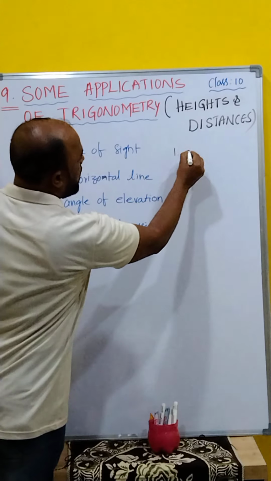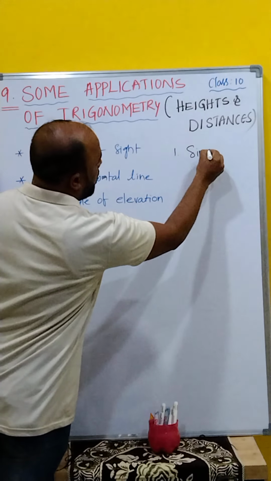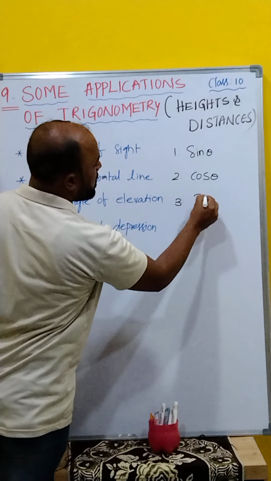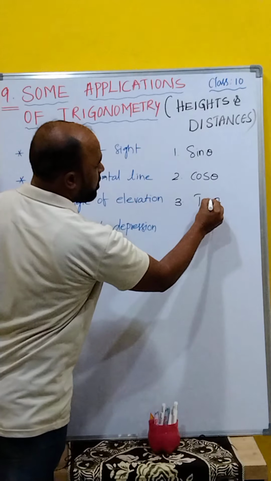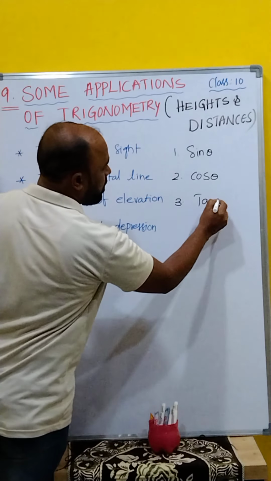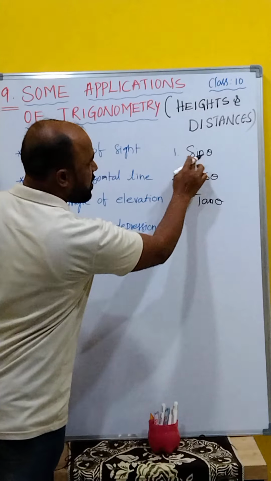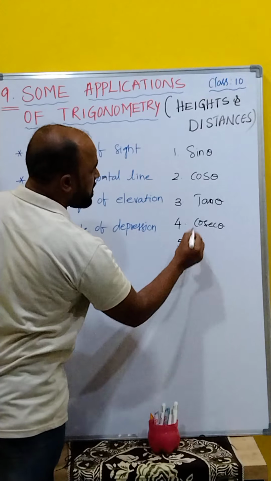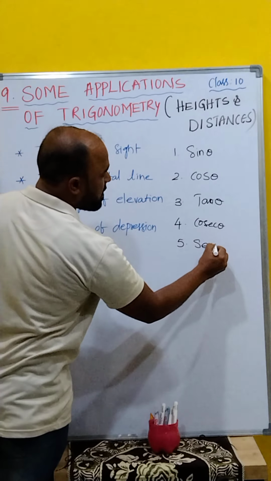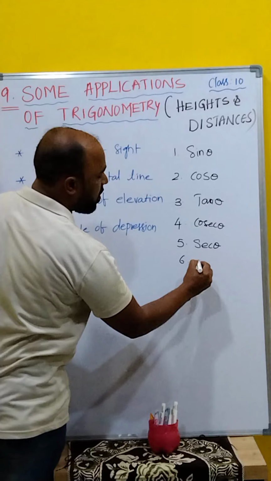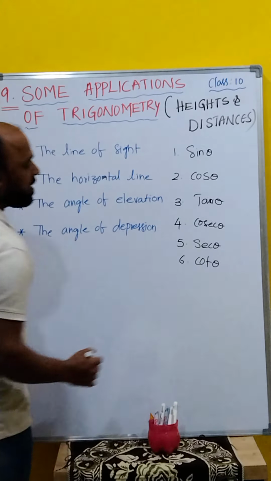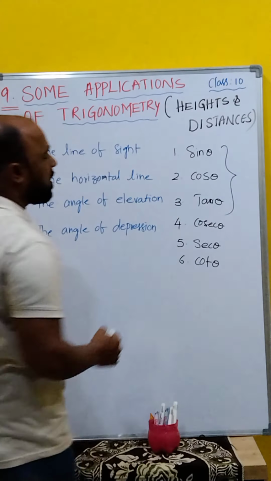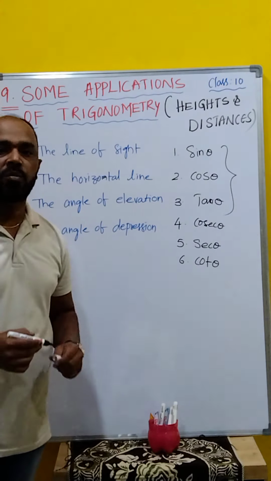First one is sin theta, second is cos theta, third is tan theta, fourth is the reciprocal of sin, cosec theta, fifth is the reciprocal of cos, sec theta, and sixth is the reciprocal of tan, cot theta. Clear, children? These are the 6 ratios. The main basic ratios are sin, cos, tan. All other things are reciprocals.